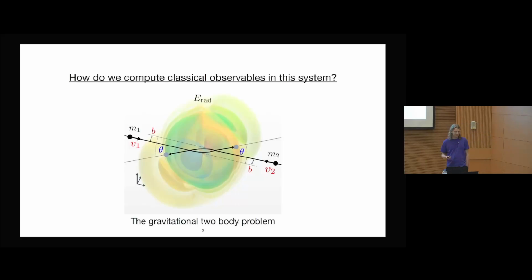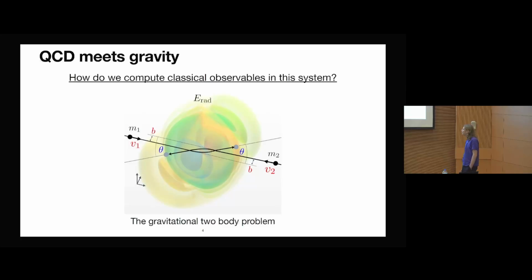And the question is, how do we compute classical observables in this system? And yeah, the answer to this question is given in the title of this conference, QCD meets gravity. We can use a lot of methods which were developed for QCD computations and use them for this gravitational setup here. And this was very successful, and a lot of people could compute these observables up to a very high precision.